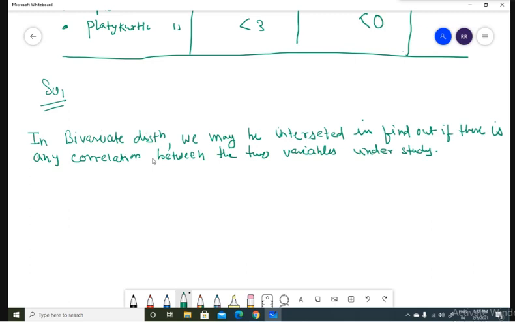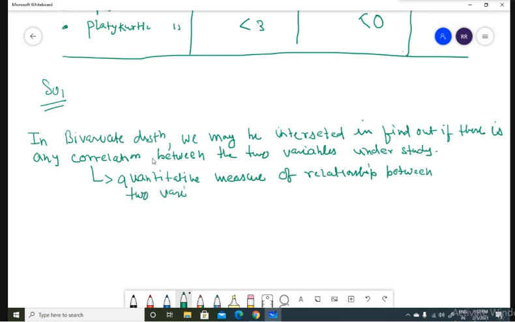So what is correlation? Correlation is a quantitative measure of relationship between two variables.